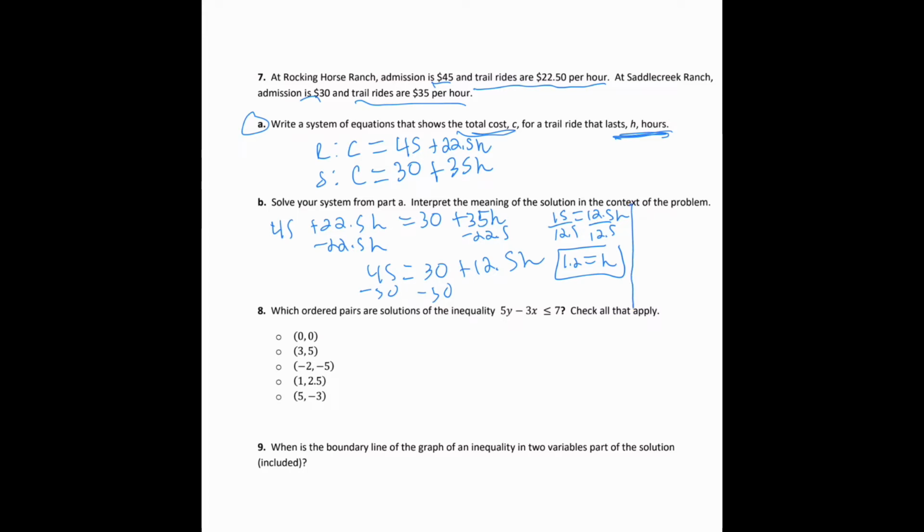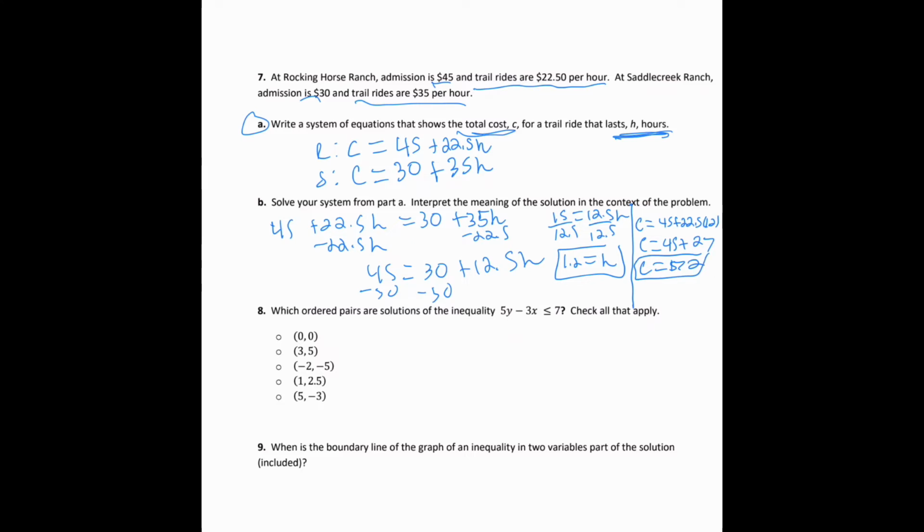So now we need to figure out how much the total cost will be at each place for 1.2 hours, but since we solved this for H already, it should be the same cost in each one. So I'm going to choose the first equation and plug in 1.2. We would do 22.5 times 1.2, which is 27, which means the total cost would be $72.